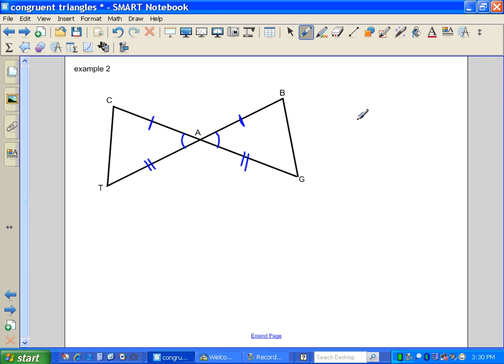And if you're saying in your head that angle CAT is congruent to angle BAG because they are vertical angles, then you're right. This is an angle that is vertical to this angle, so those angles must be congruent.